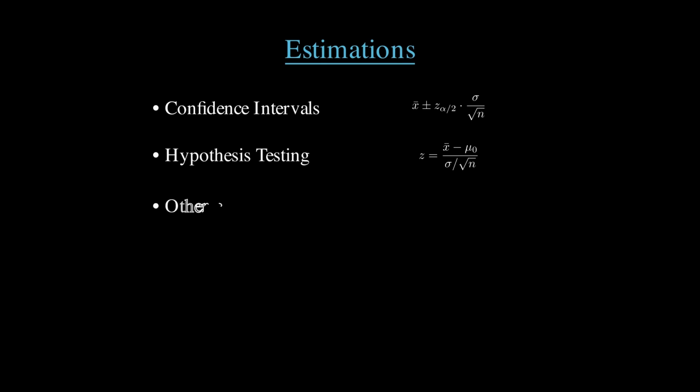And some other common tests, such as z-tests or t-tests, which are used to determine if there is a statistically significant difference between sample and population means, or between means of two samples.